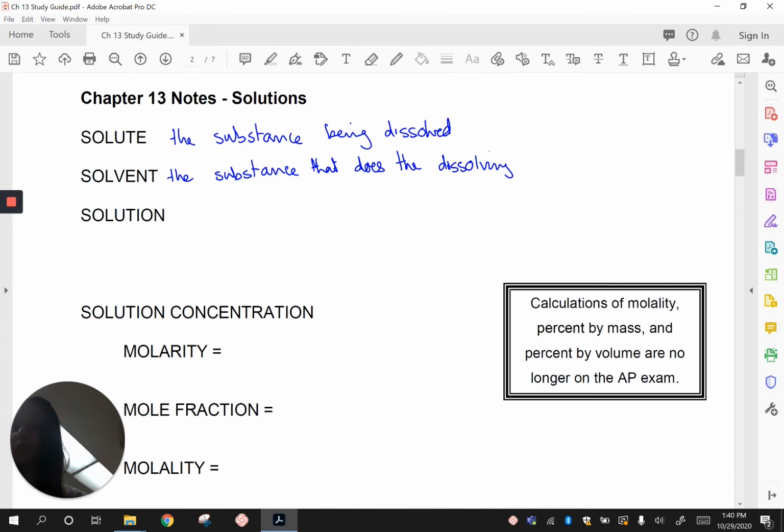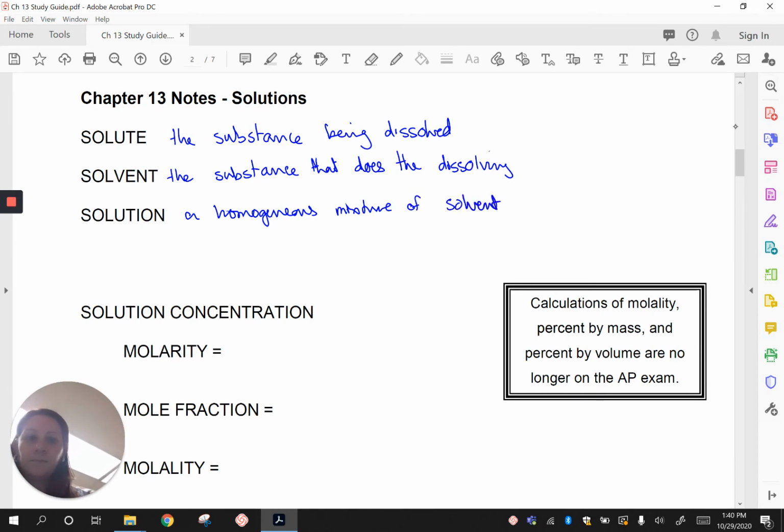And so a solution is a homogeneous mixture made of the solvent and the solute, of course. And so when we add a solute to a solvent, it changes some of the physical properties of that solvent.